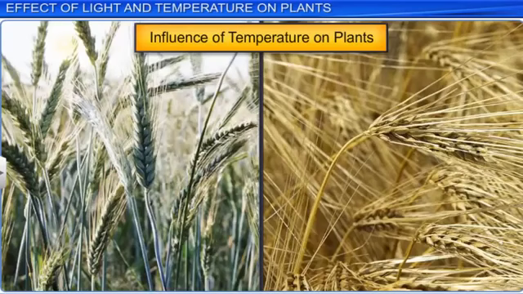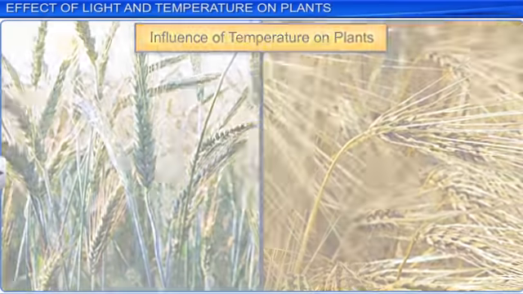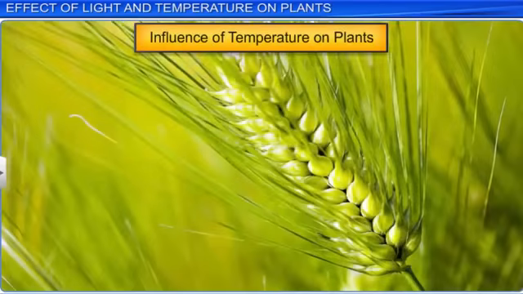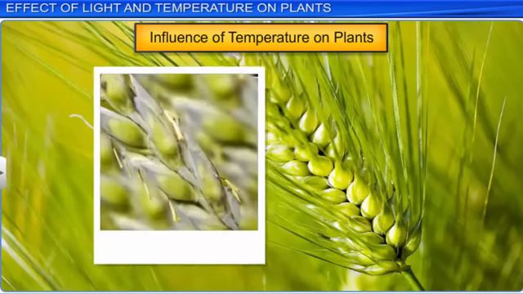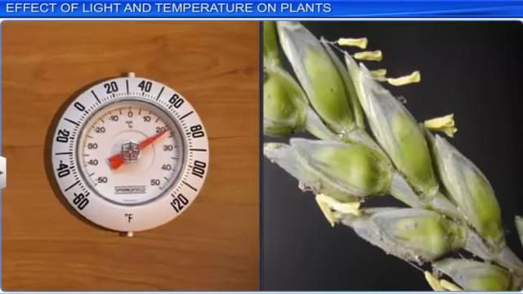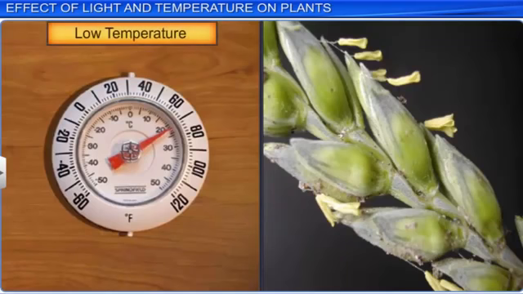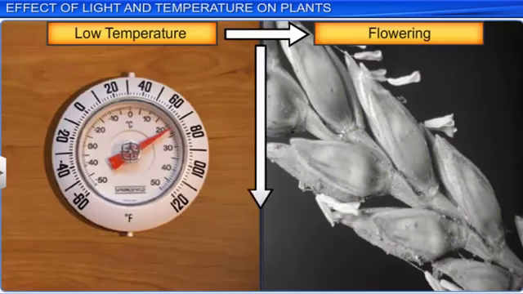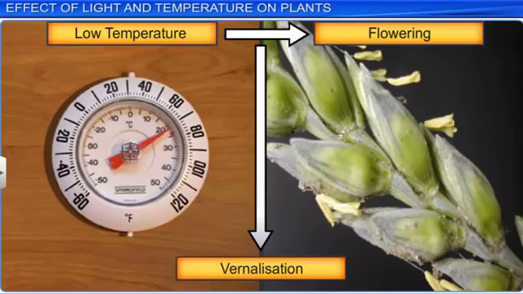Apart from light, temperature also influences flowering in some plants. For example, some plants produce more flowers when exposed to a specific period of low temperature. This kind of development of flowers due to the influence of low temperature is called vernalization.